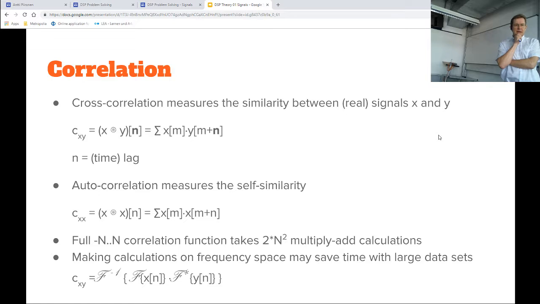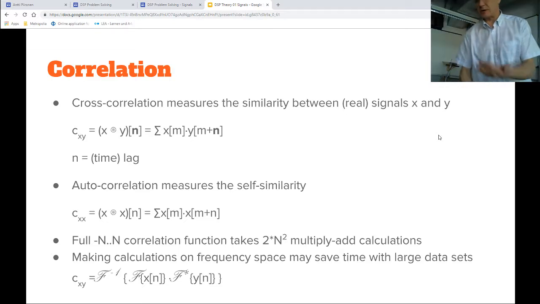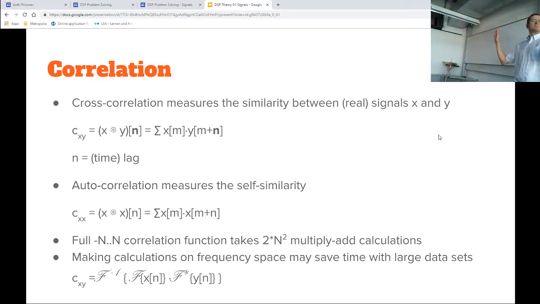Similarity. Basically, what you do is you have two signals X and Y and start shifting the other one with different time lags right here. That would be a time lag of 3, 2, 1, 0, and minus the same thing.